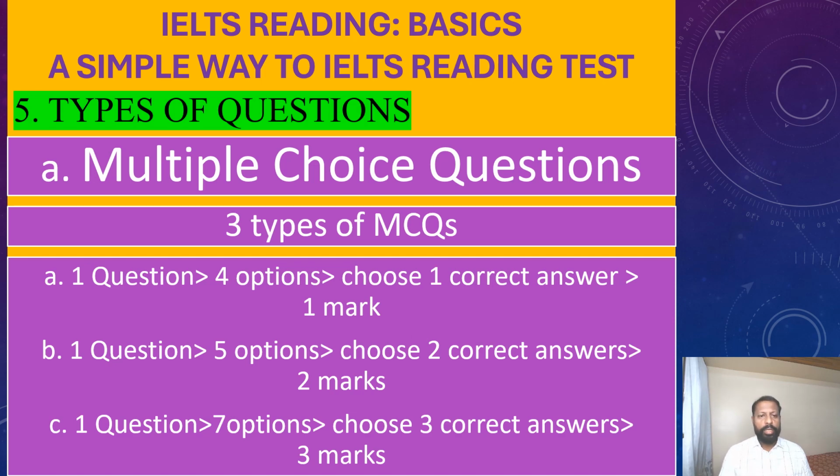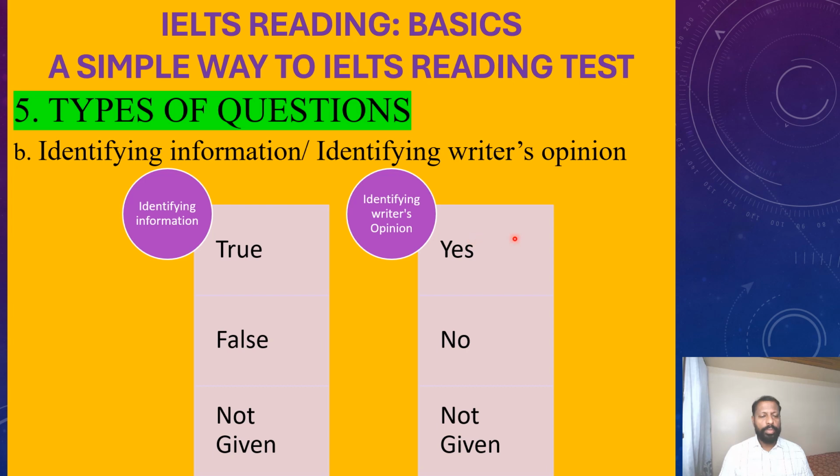Well, let's move on to the second type of question, that is identifying information or identifying writer's opinion, popularly known as true false not given question or yes no not given question. Very tricky question.